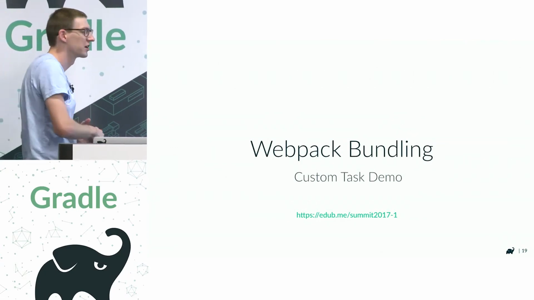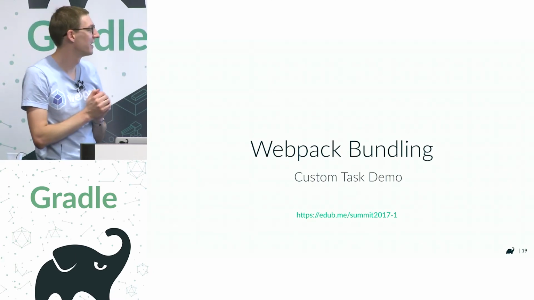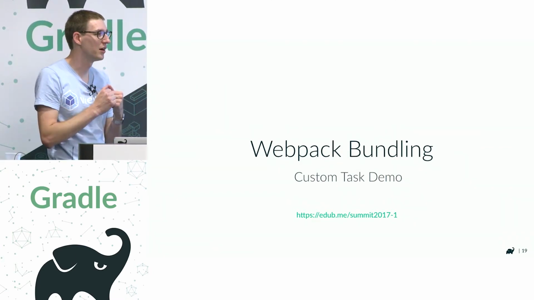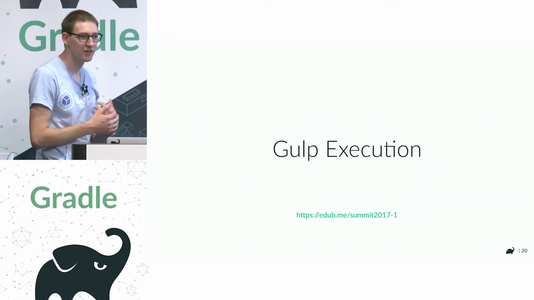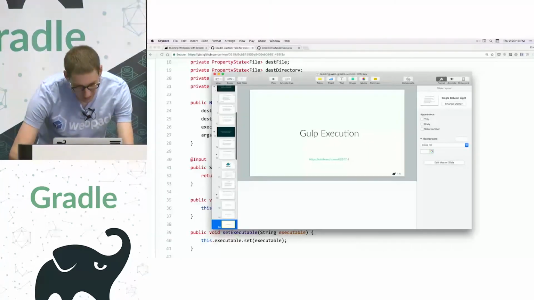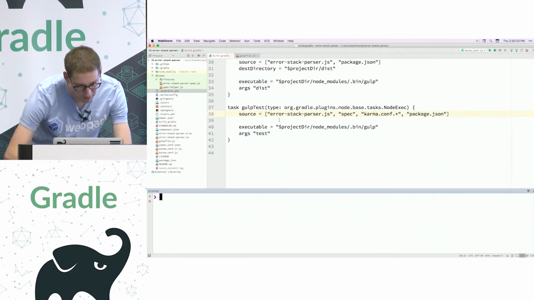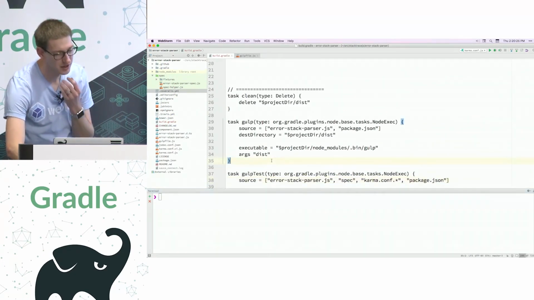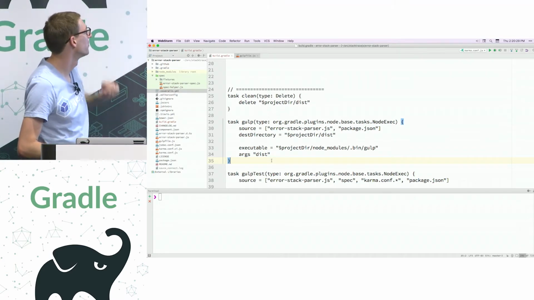So that's an example of a custom task that you can use to wrap Webpack. But we can also use it for Gulp. So for example, here I have one of my StackTrace.js projects called error-stack-parser.